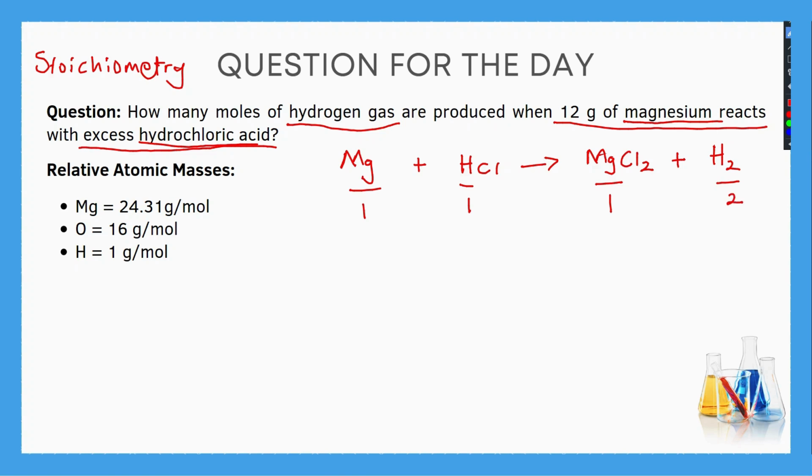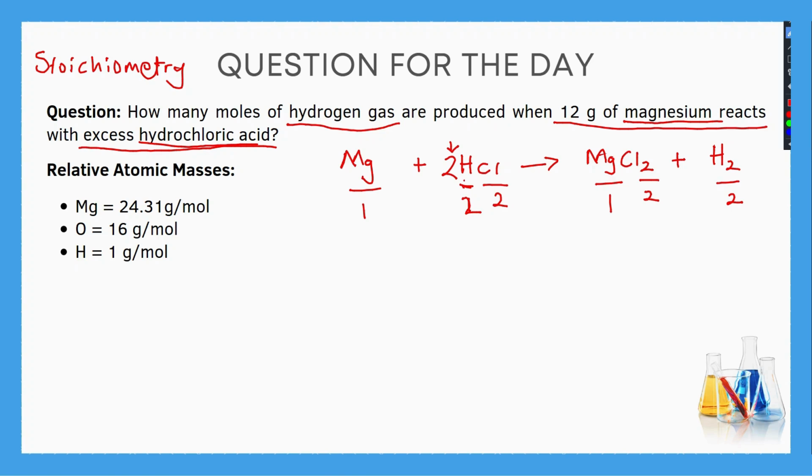So in order to balance hydrogen, we simply put the number 2 here, which makes hydrogen now become 2 on both sides. So hydrogen is balanced. Now for chlorine, because of this coefficient of 2 which we just added, hydrogen is 2 atoms and chlorine is also 2 atoms. And over here on the right-hand side, you can see that chlorine is also 2 atoms.